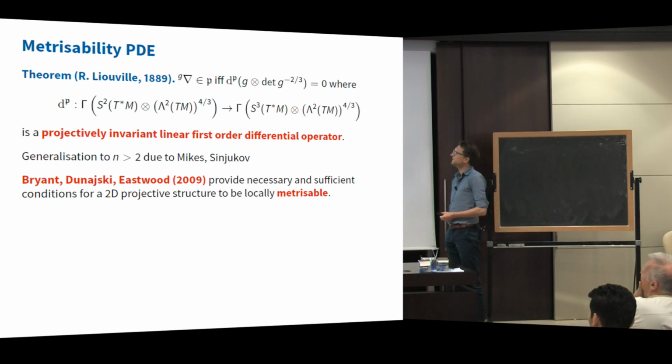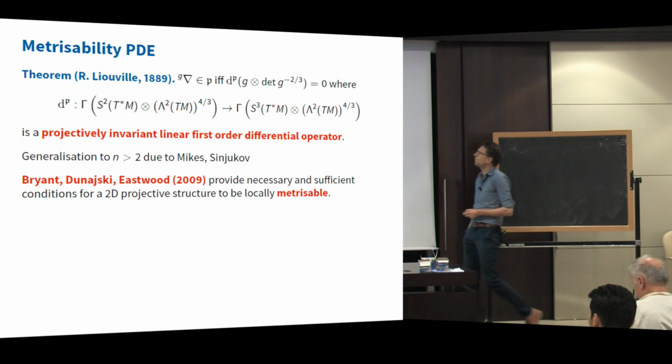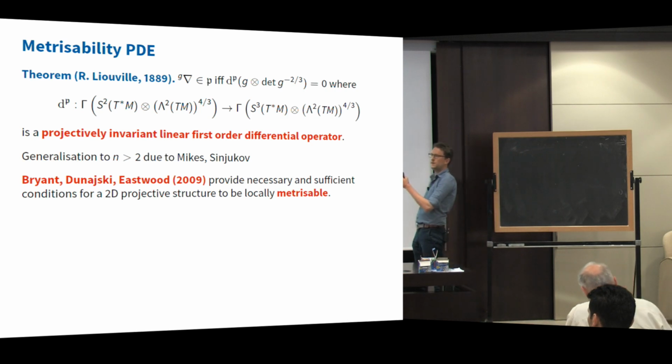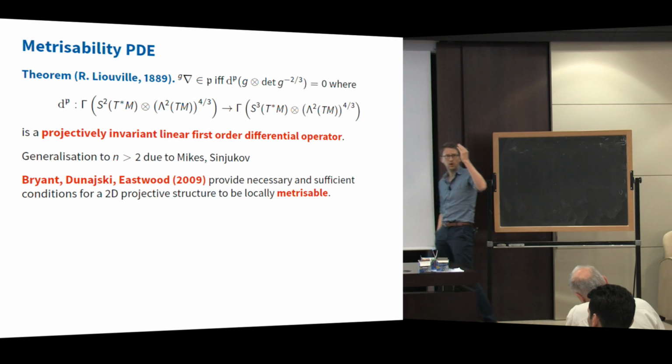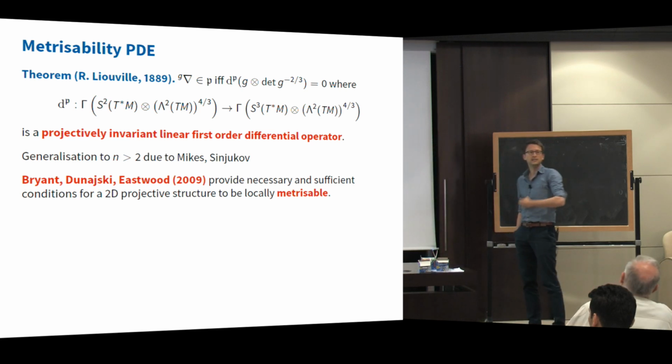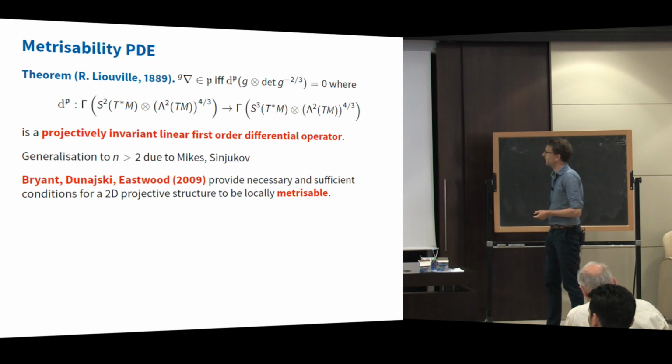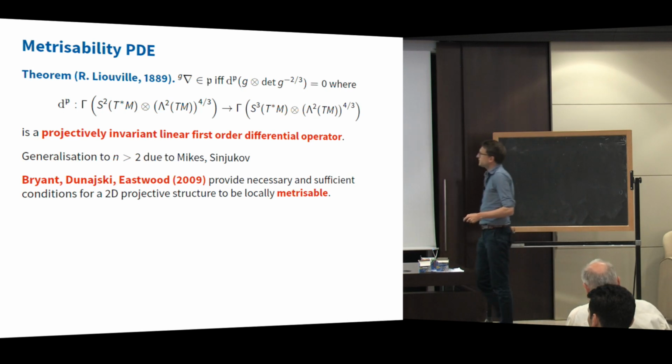It turns out 2D is the most difficult case because this is an overdetermined system, and in 2D it's overdetermined by just one equation. The higher up you go in dimensions, the more overdetermined your system becomes, and in a way the easier it is to cook up obstructions to solvability. But they obtained this result.